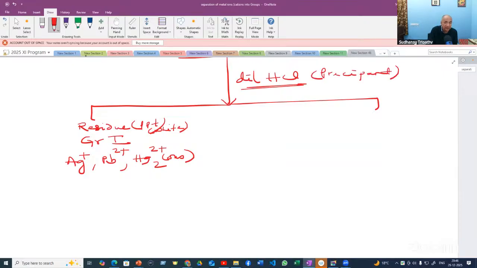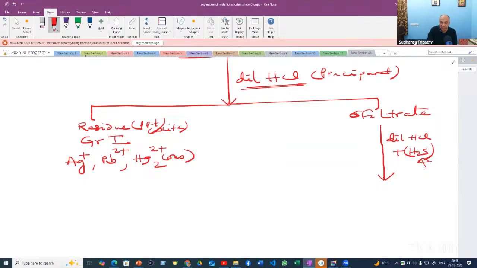Then you take the filtrate after filtration, which contains the rest of the solution. Then add another reagent. You can add some dilute HCl, further acidify it, and H2S. That is the precipitant. So group 2 metal ions are precipitated as their sulfides.